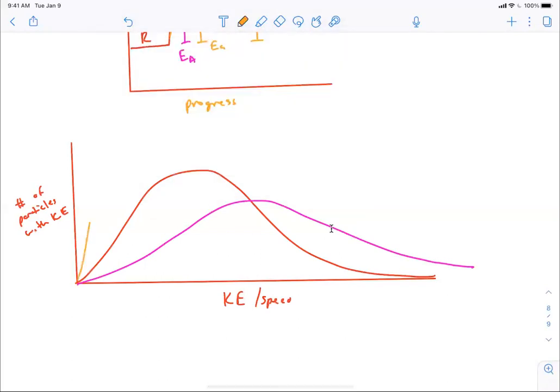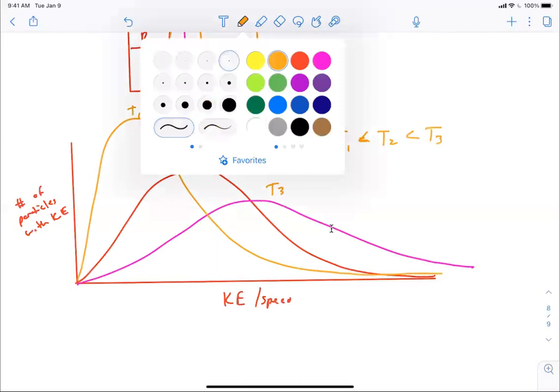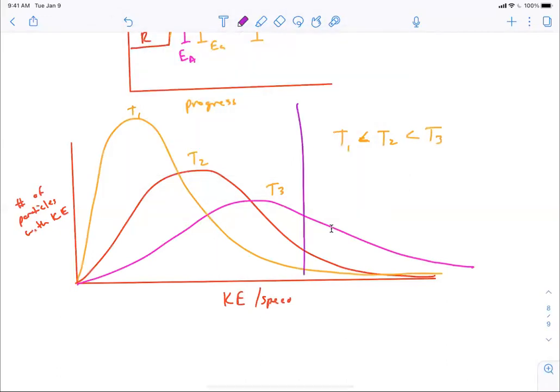Lower temperature, taller curve, but it's shifted to the left. So understand T1, T2, and T3. T1 is less than T2, which is less than T3. And the activation energy can really be placed anywhere in this reaction here for these curves.